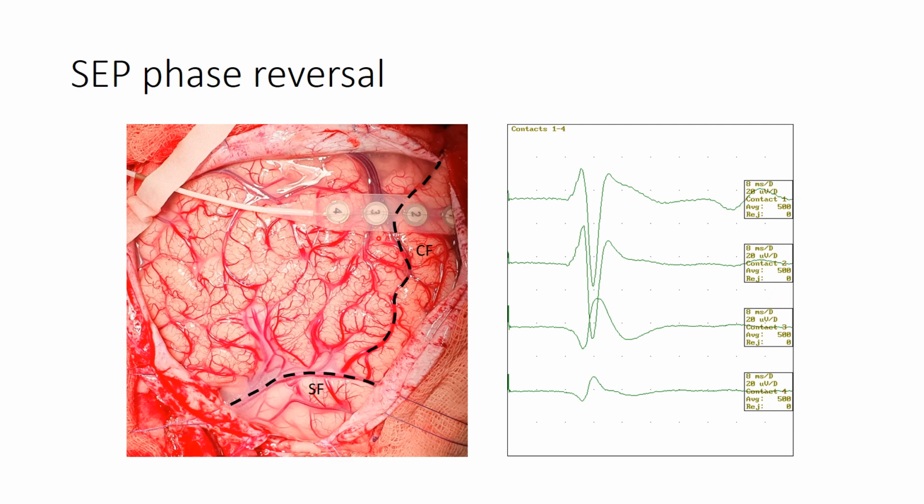When we move the strip electrode medially and laterally by 1 or 2 centimeters, we may simulate the effect of a grid electrode. So we may map the central sulcus from, let's say, here down to here. So this was the only available option for mapping in this case, and we performed resection up until here.